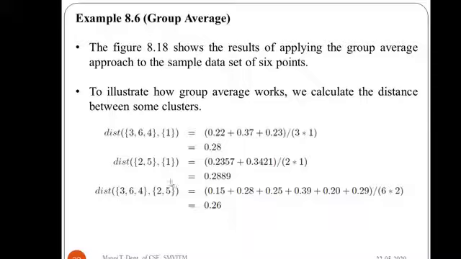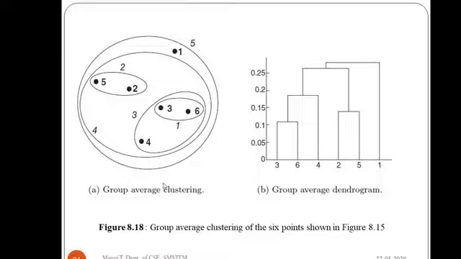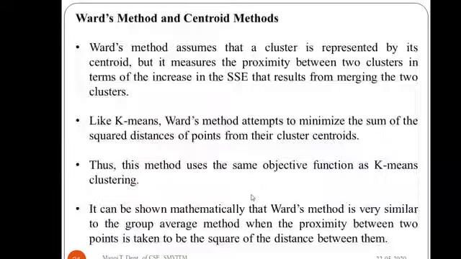Similarly, you can check the calculation for the remaining distances. So that is the group average. Here for the group average also, the dendrogram is given according to the distance values.